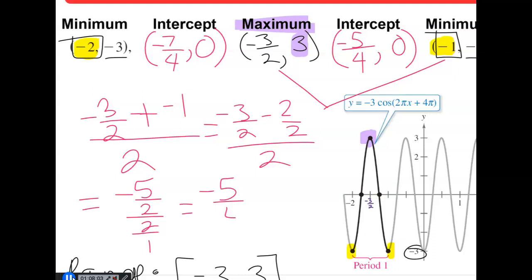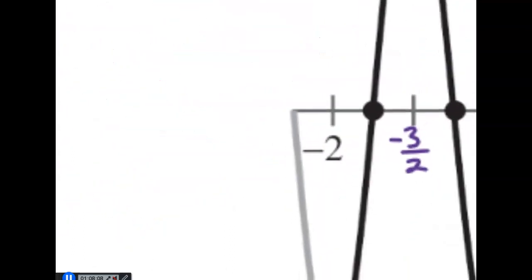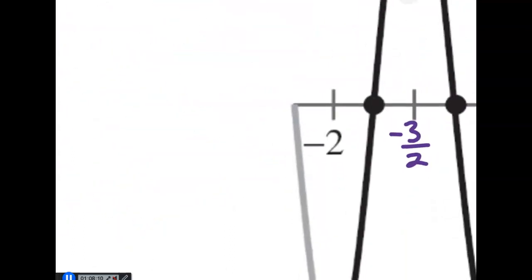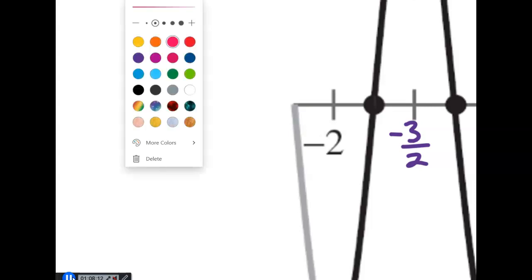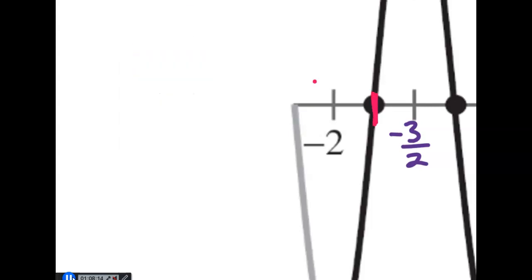And so I'm going to just zoom in here and write them down for you. So here the x value happens to be -7/4, and the one here, the x value happens to be -5/4.